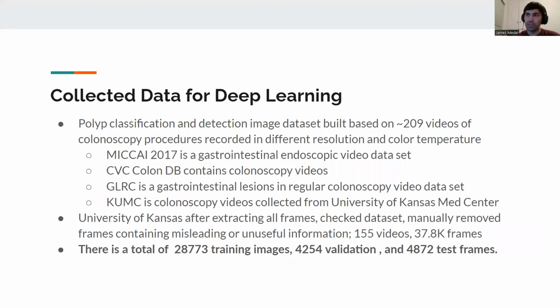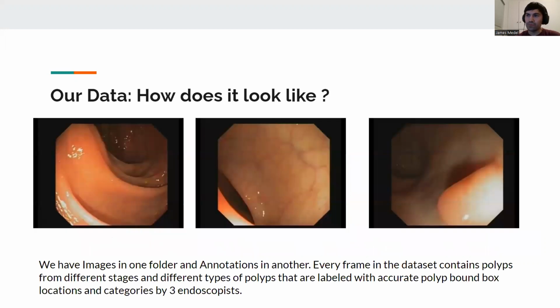So a glance into our data set. The University of Kansas collected over 200 videos of colonoscopy procedures, and they got the sources from different databases. In the end, they were able to come out with a data set of close to 40,000 frames.